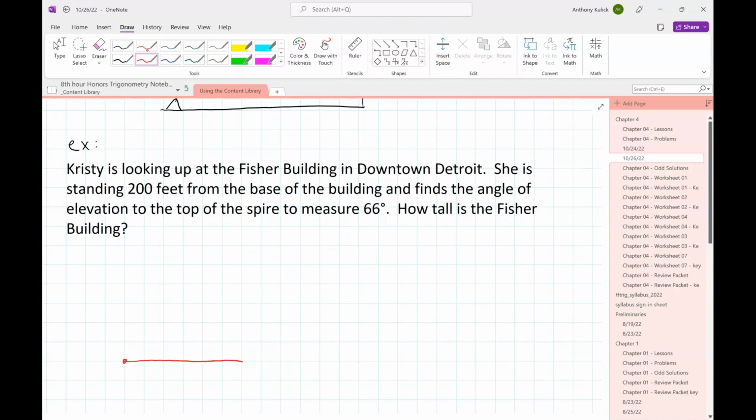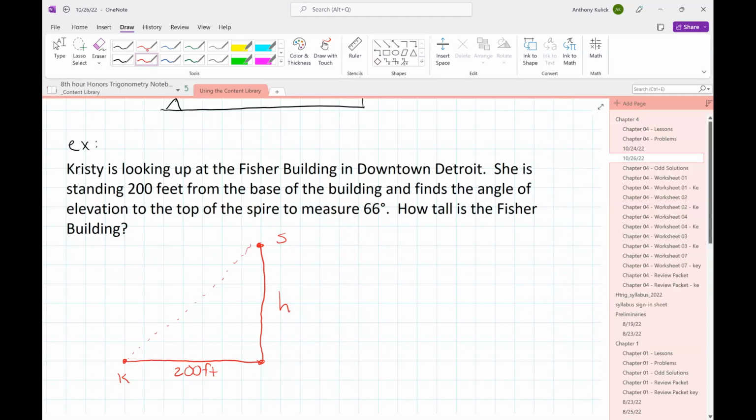All right. Well, I'm going to draw a nice simplified picture. So I know that this is 200 feet. This side is the height. That's what I'm looking for.